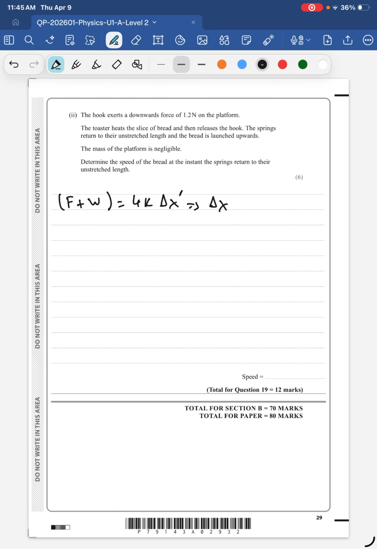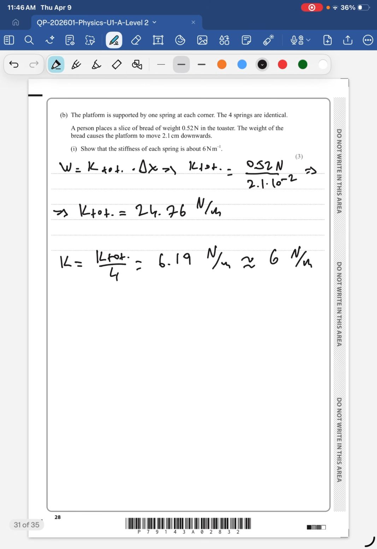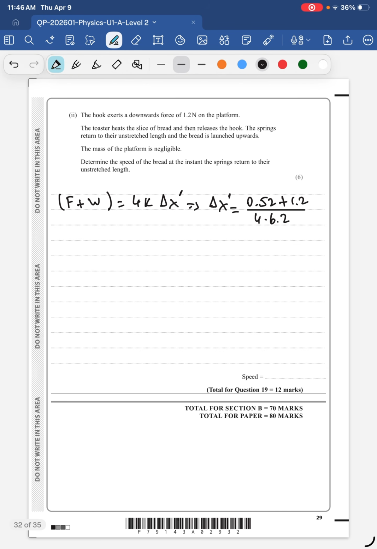So the new extension, delta x prime, when we push it down totally, is going to be 0.52, which is the weight of the bread, plus 1.2, which is the force we exert, over 4 times 6.2, which is k for each spring, which we take from here. And we round it to 6.2.